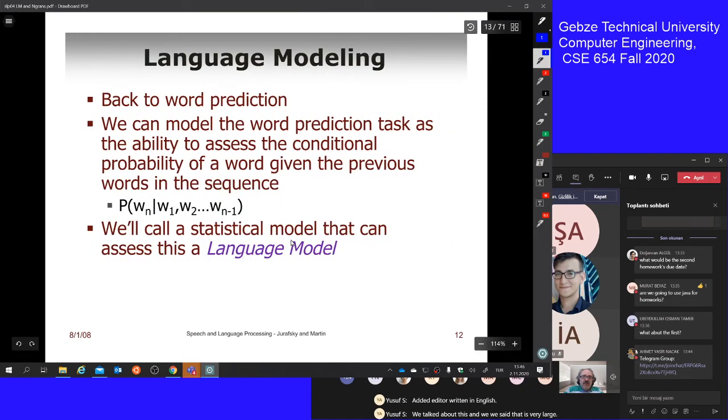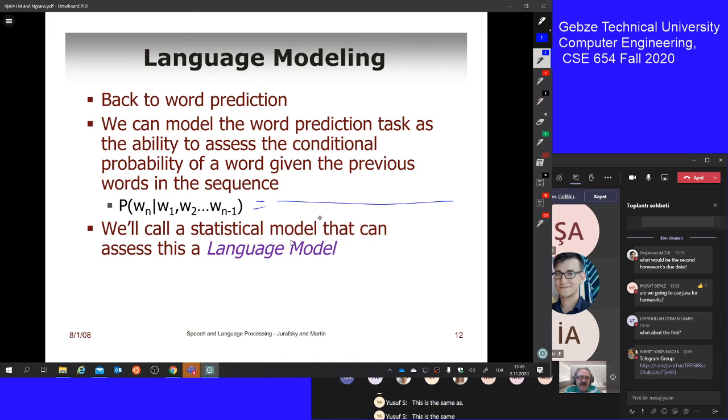Okay, so back to the word prediction model. Given these words, what is the probability of the next word can be calculated very easily using what? Using this. This is the same as saying P(W1 to Wn) over P(W1 to Wn minus 1).